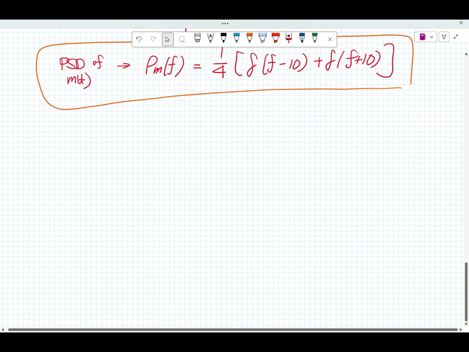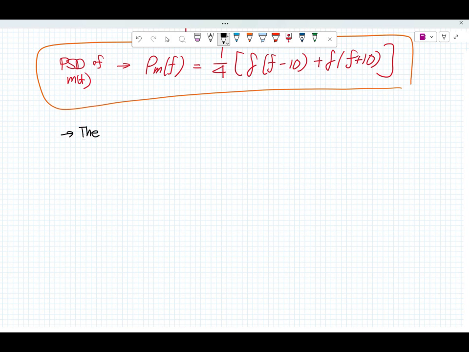The next one is the autocorrelation for the complex envelope of the AM signal.